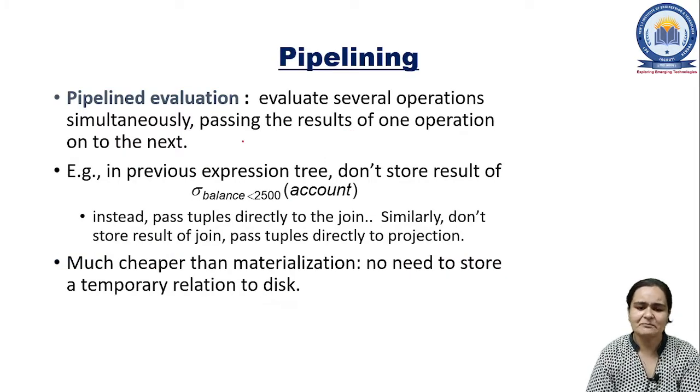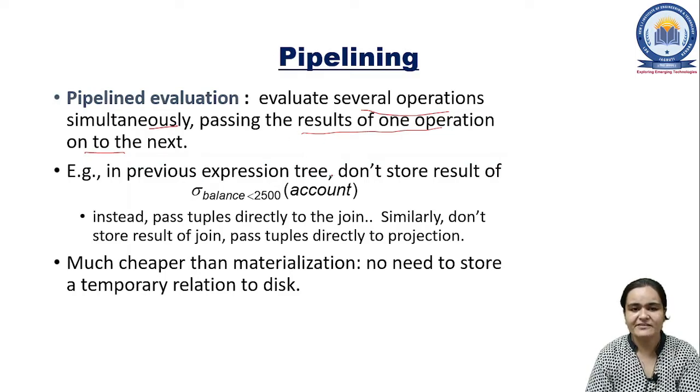Now we'll see what pipelining is. Pipelined evaluation evaluates several operations simultaneously, passing the results of one operation on to the next one. So in the previous expression tree, we don't store the result of the filtered tuples from account.